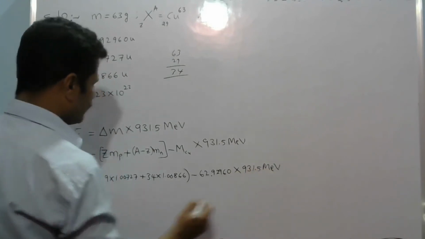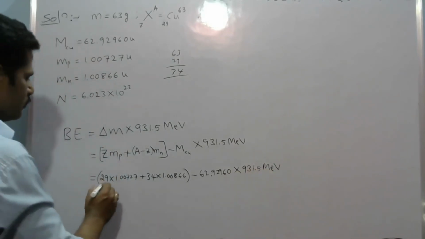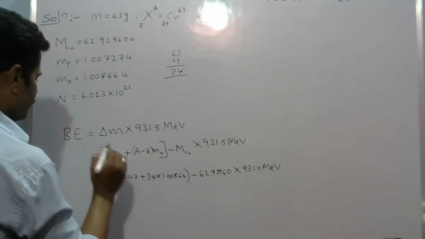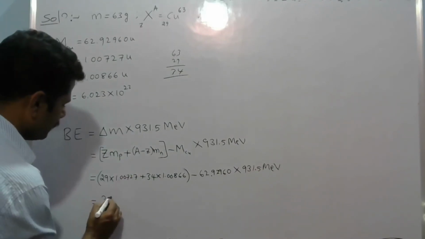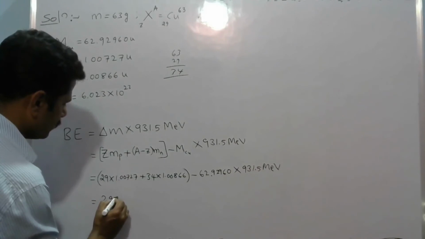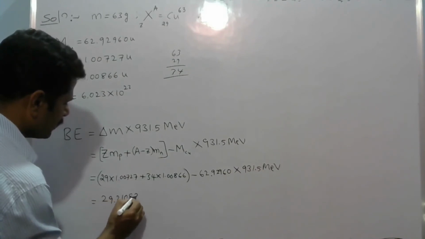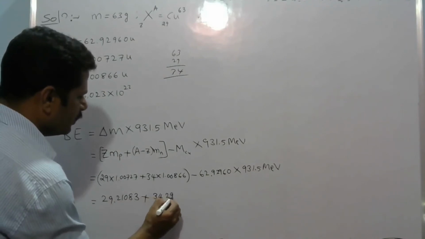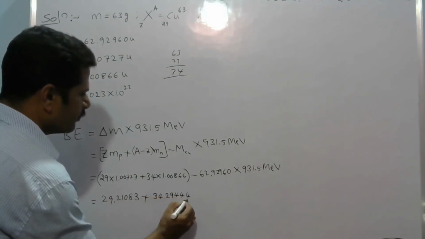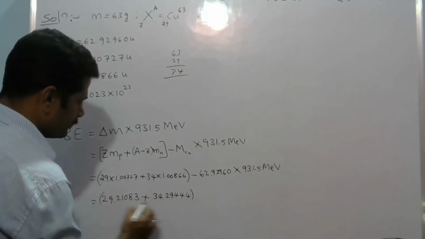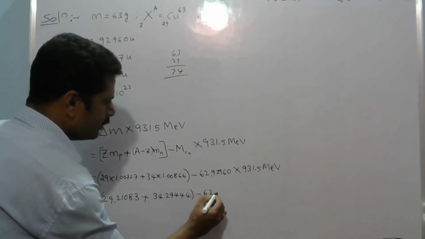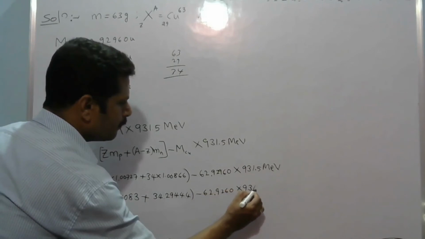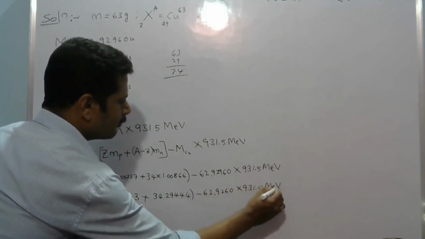mega electron volt. And this is equal to, simplify this, 29 into 1.00727 is equal to 29.21083 plus 34.29344 minus 62.92960 into 931.5 mega electron volt.